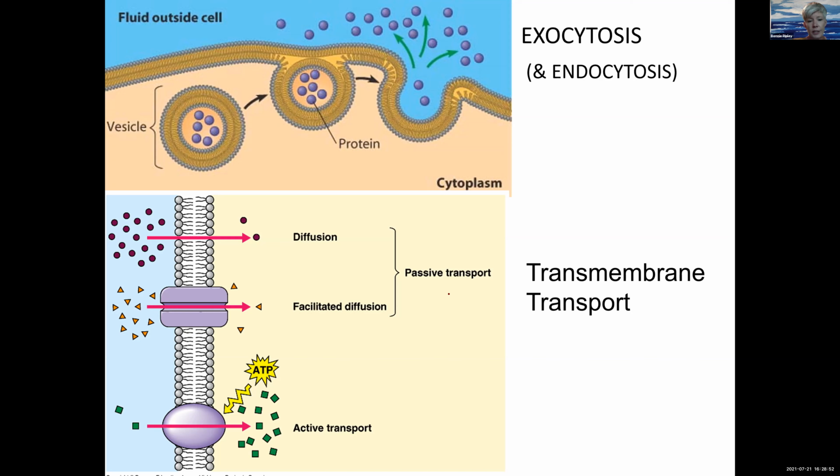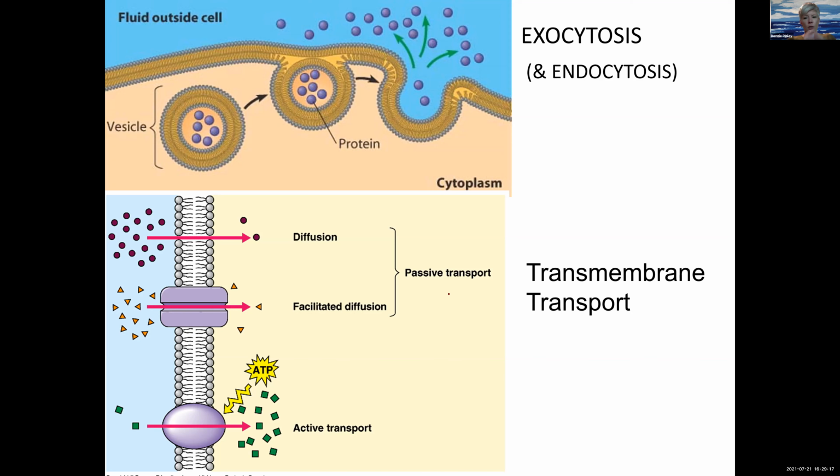There are also things that are different about how very large molecules get into and out of the cell versus smaller molecules. So when we have a larger chunk of stuff, say a bundle of protein molecules that we want to export from a cell, we're going to find them inside the cell in a little ball of membrane. A little ball of membrane is going to be called a vesicle.